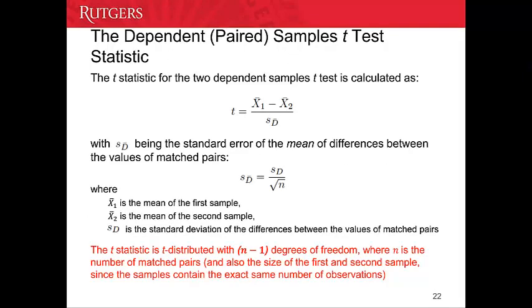Let's take a look at the t-statistic for the two dependent sample t-test. The t-score for the two dependent samples is equal to the mean of the first sample minus the mean of the second sample, divided by the standard error of the mean difference between the values of the matched pairs.